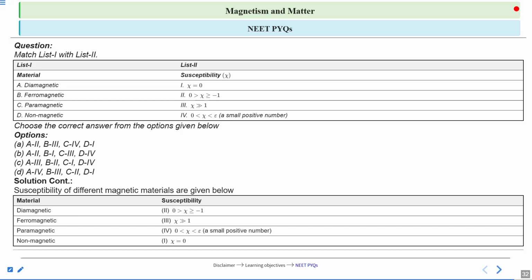For ferromagnetic materials, the value of chi is much greater than 1, a high positive value. For paramagnetic materials, chi is positive but low, between 0 and epsilon, where epsilon is a very small positive value. And for non-magnetic materials, chi is equal to 0, no magnetic susceptibility.